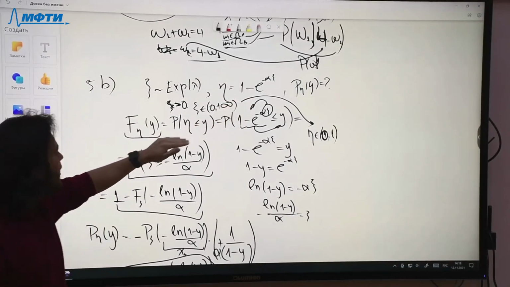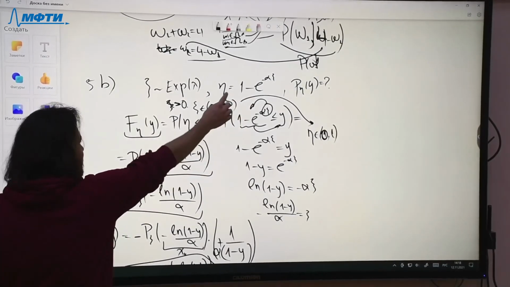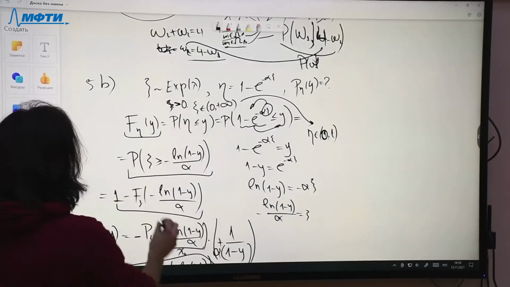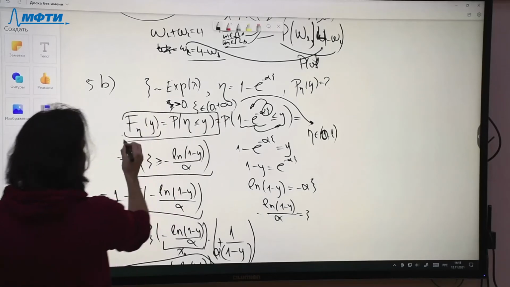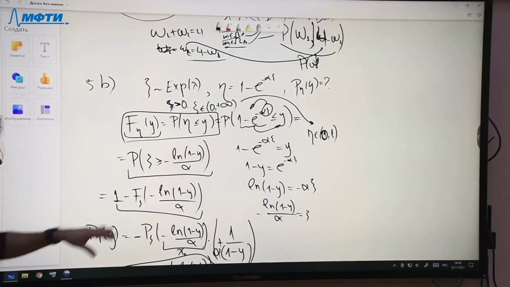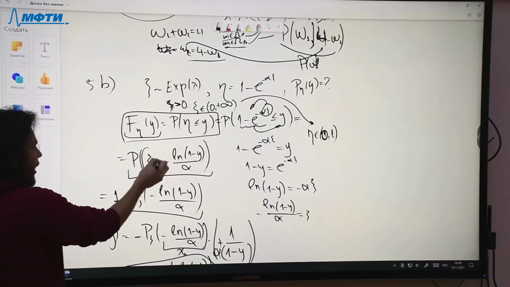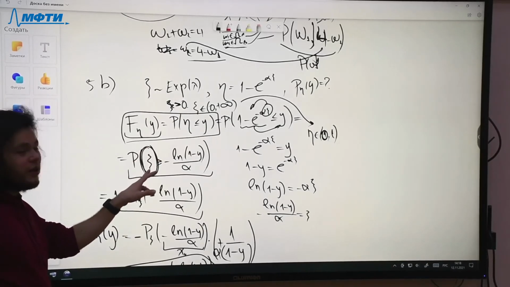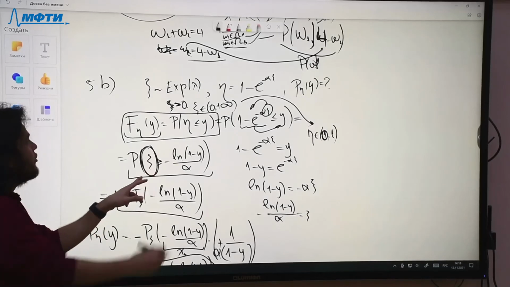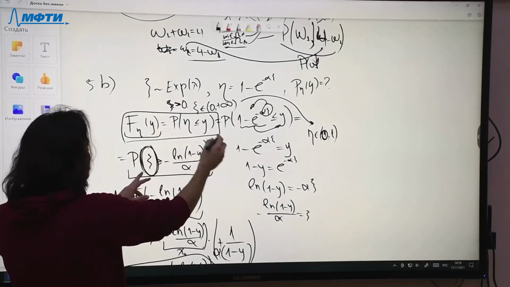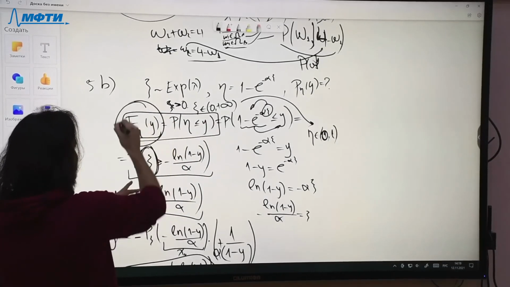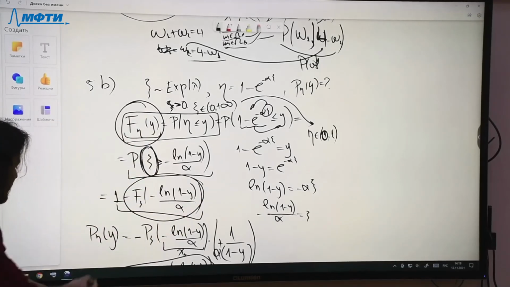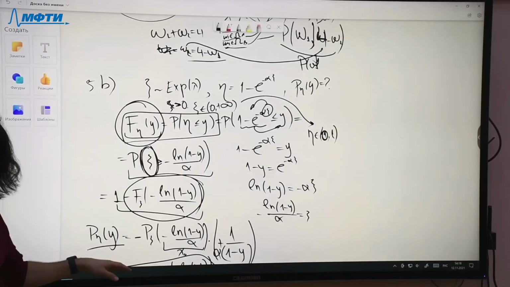Then you have to find the CDF of this function. You do it, you do it, you do it, until you get the original random variable alone. Why? Because this is going to be the CDF of this function. Then you find the derivative of this and the derivative of this. And that is going to give you the density. And that's what you're looking for.